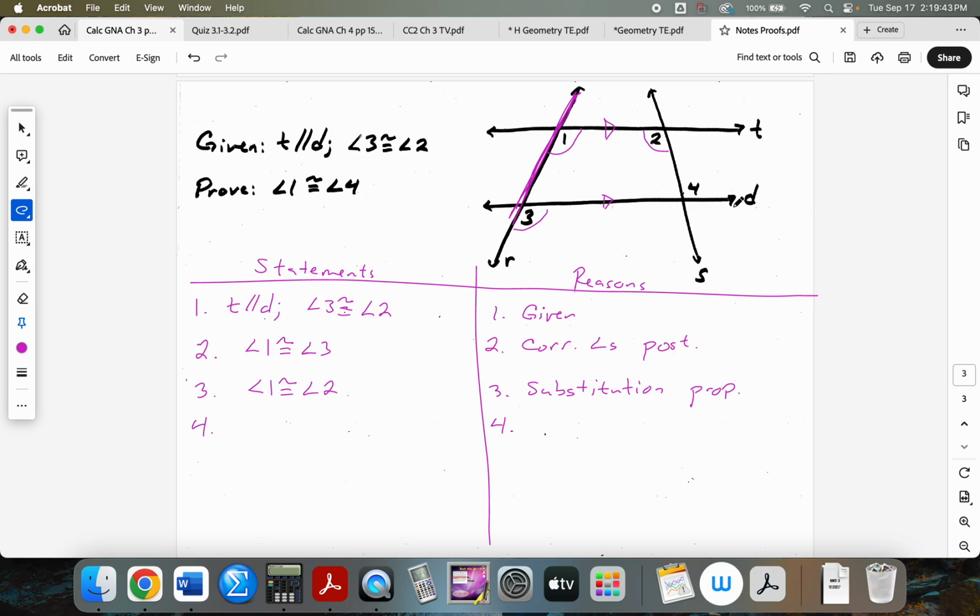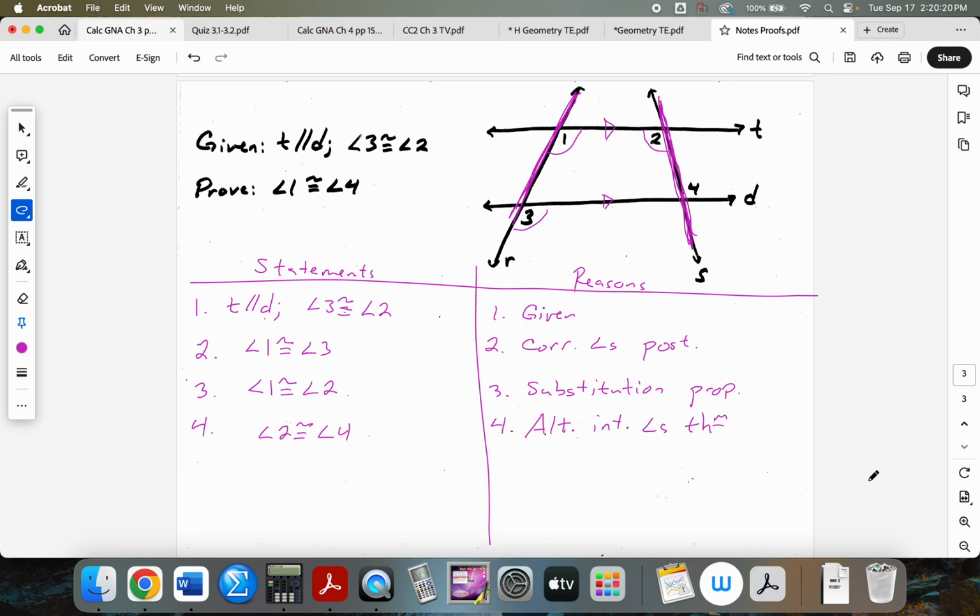I haven't talked about angle 4 at all. Well, if I go along the transversal S, I'm crossing two parallel lines. What kind of angles are 2 and 4? Alternate interior angles. And when lines are parallel, alternate interior angles have to be congruent. So angle 2 is congruent to angle 4. What tells me that is the alternate interior angles theorem.